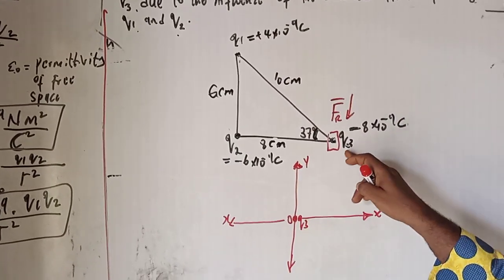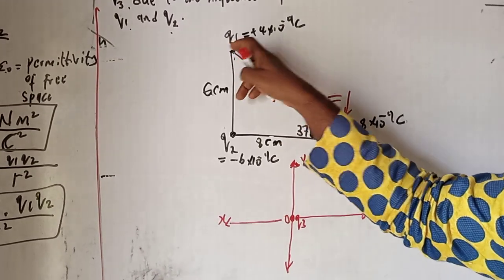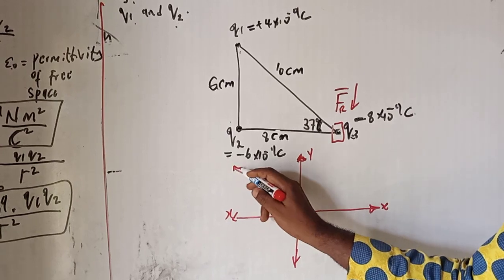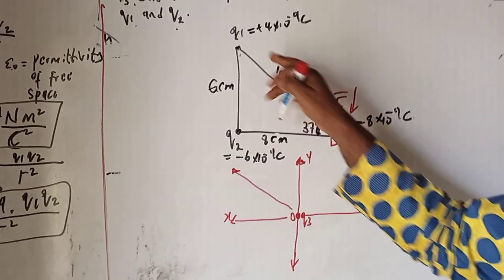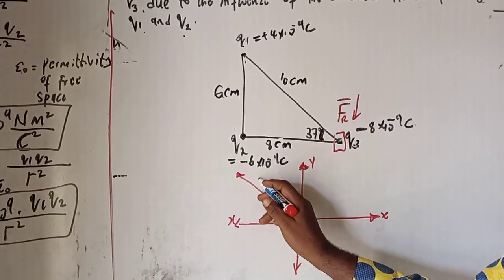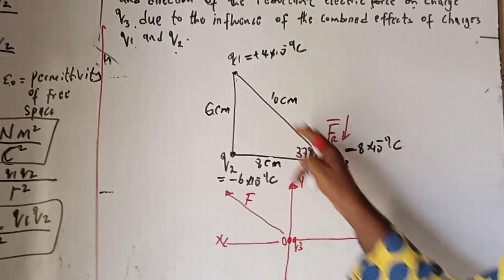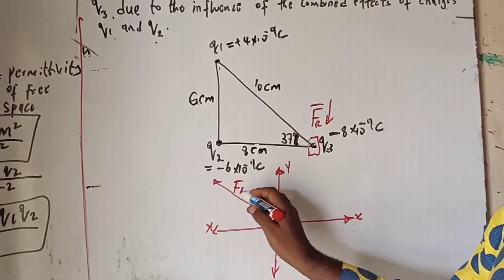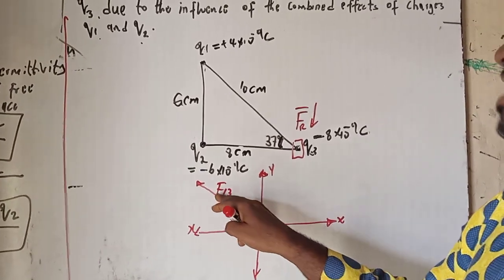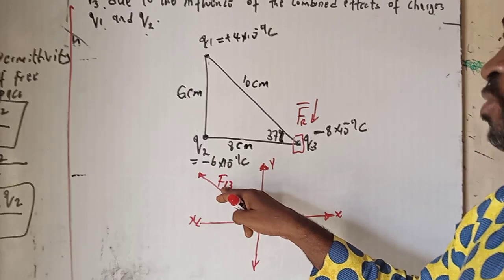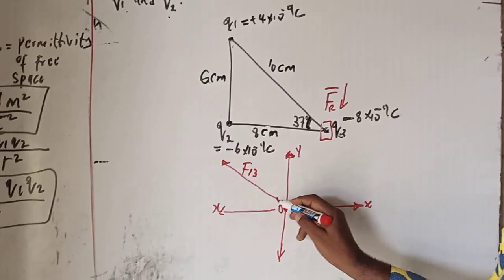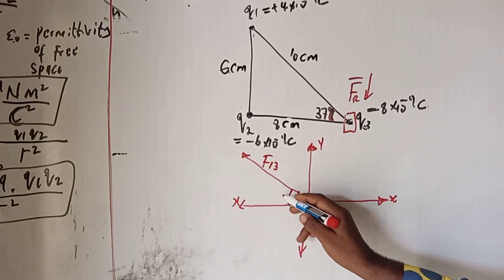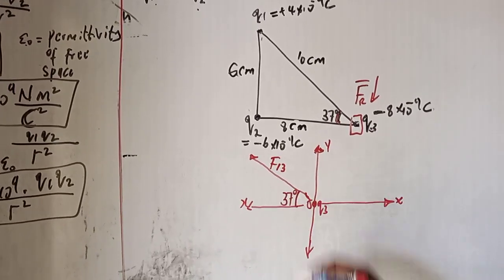So in a nutshell, this Q3 will be attracted by charge Q1. So the effect of charge Q1 on Q3, the force of attraction that will occur, I will take as F13. That is the force of charge Q1 on charge Q3. It will move in this direction. So this angle here, this 37, I can write it here, 37 degrees.